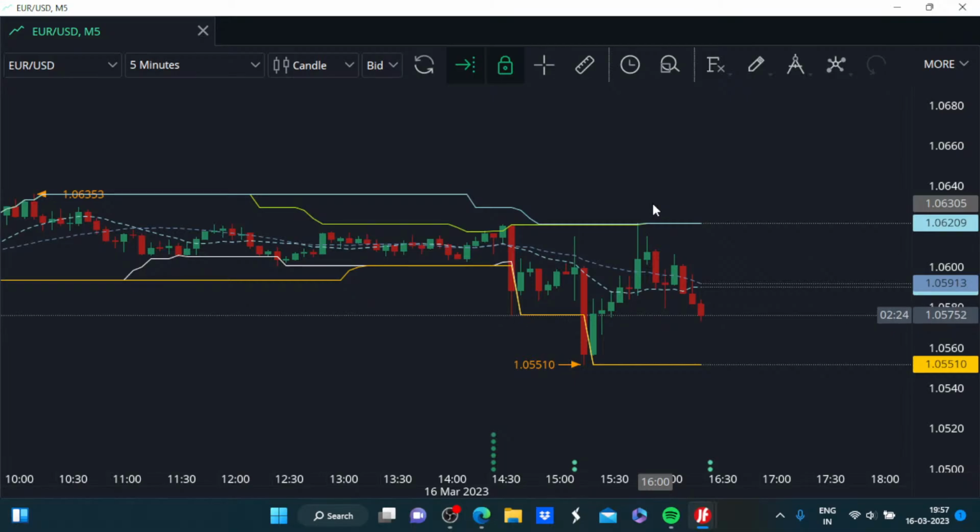There is not much of a conviction in these price moves. So we will have to be circumspect, and we will have to trade cautiously in this kind of scenario. Now, if we have to make sense of these price moves, we have to of course consider this range.